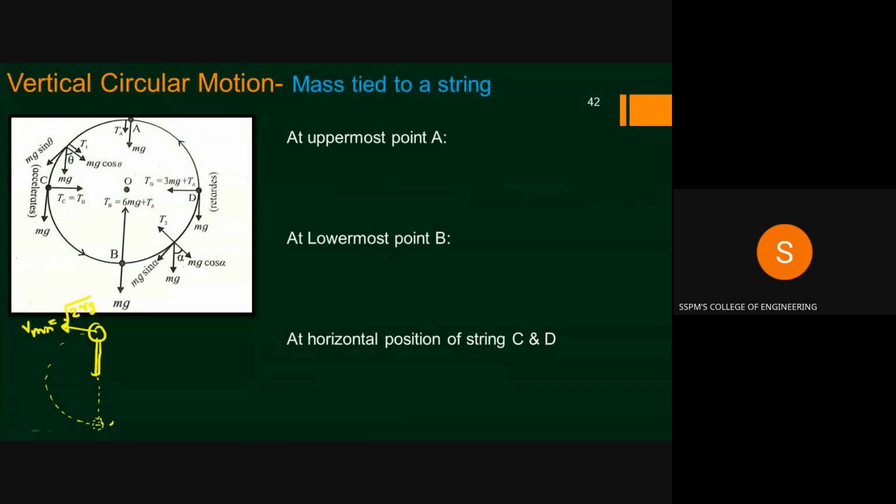And at the lowermost point, the velocity is equal to square root 4 rg. So this is for the bob connected with the rigid rod. And the tension difference for this case, T lower minus T upper, is 6 mg. So basically this tension difference is the same for the rod and for the string.